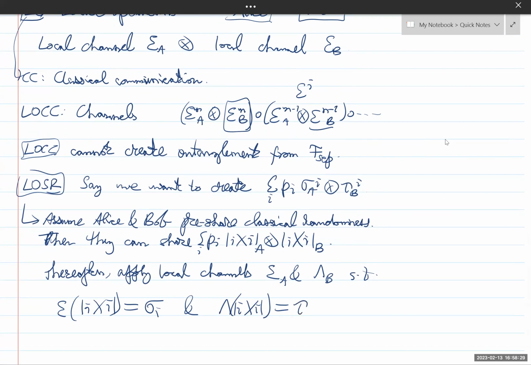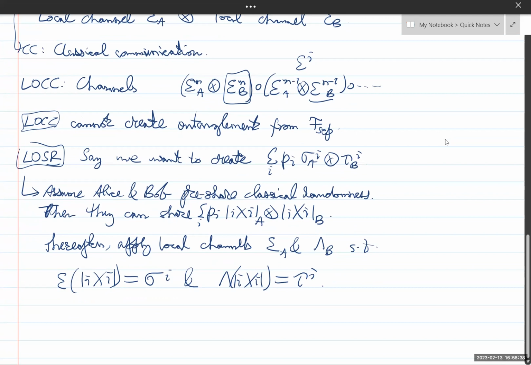And such channels exist because they can choose these i's to be mutually orthogonal. So no matter what states they have to prepare, they can find a local channel that does it. So all they need is a shared classical source of randomness.